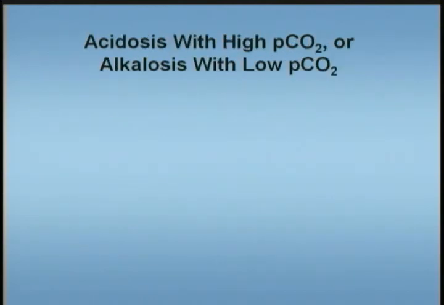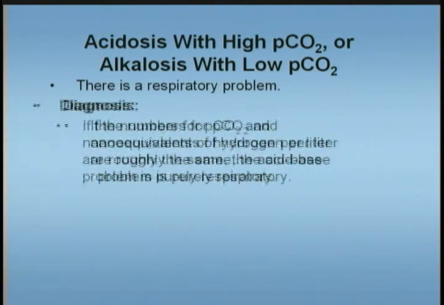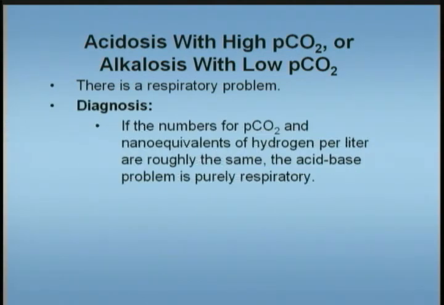Let me continue. If you have acidosis with a high PCO2 or alkalosis with a low PCO2, then there is a respiratory problem. Now we should be blaming the lungs. If the numbers of the PCO2 and the nanoequivalents of hydrogen per liter are roughly the same, the acid-base problem is purely respiratory.